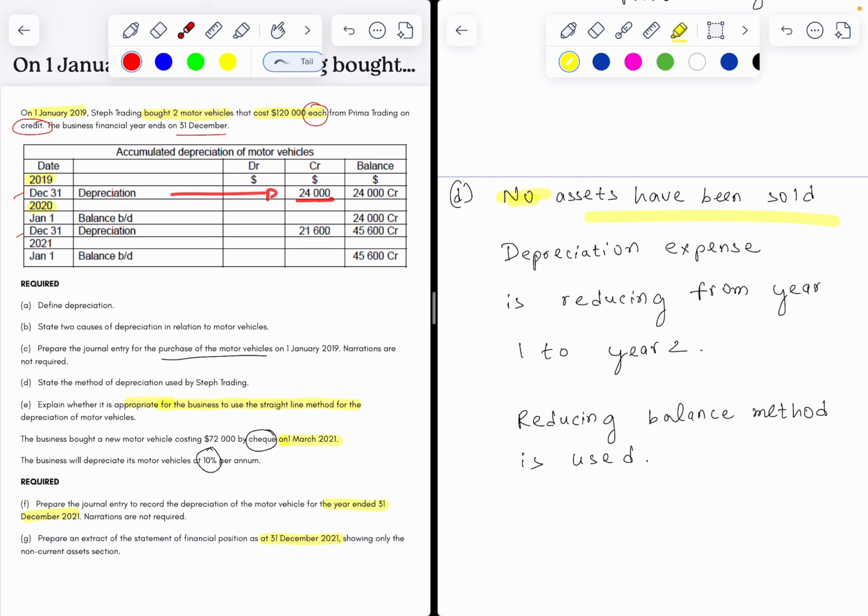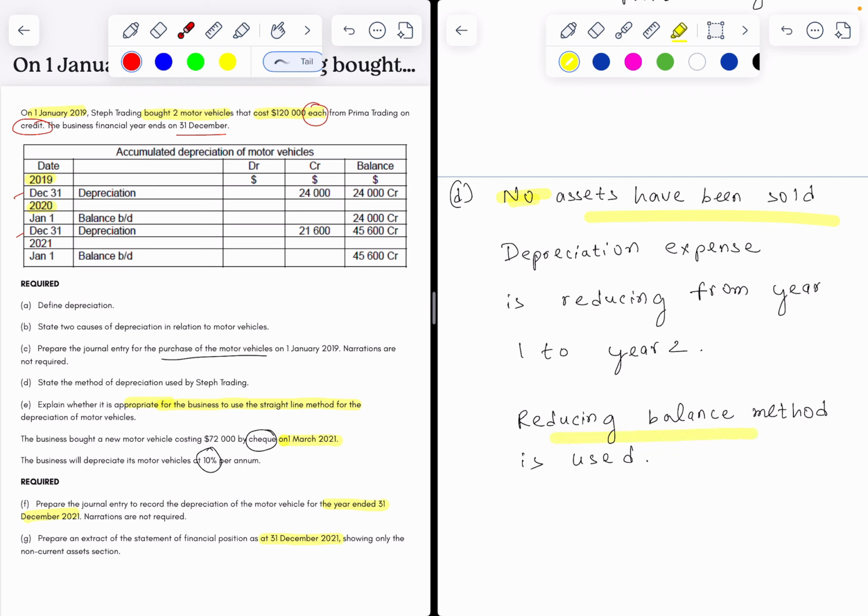But then at the end of the second financial year, which is 31st of December 2020, the depreciation expense recorded is $21,600. So we can clearly see that the depreciation expense goes down as we move from year 1 to year 2, which validates the fact that they're using the reducing balance method, all right?